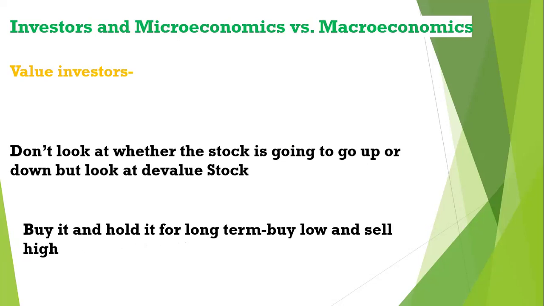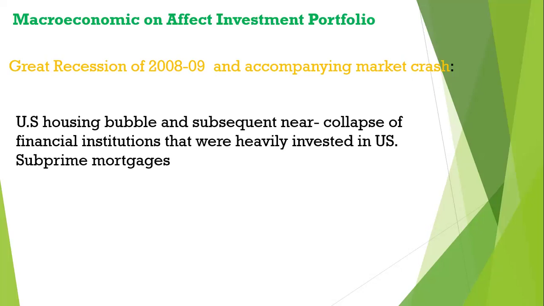So for example, like I said before, the Great Recession of 2008 to 2009 was accompanied by a market crash. It was caused by the US housing bubble, and subsequently financial institutions almost collapsed, right?